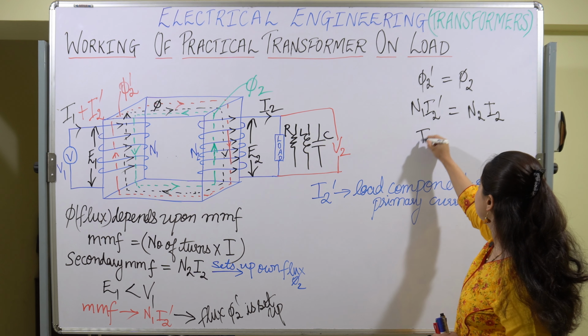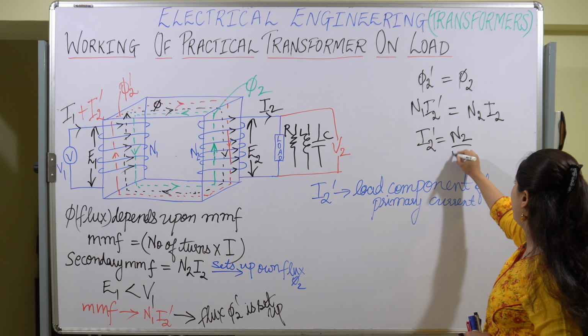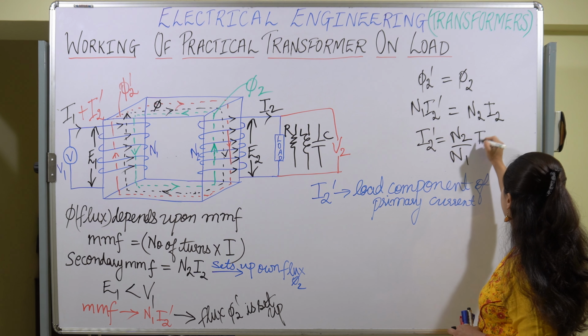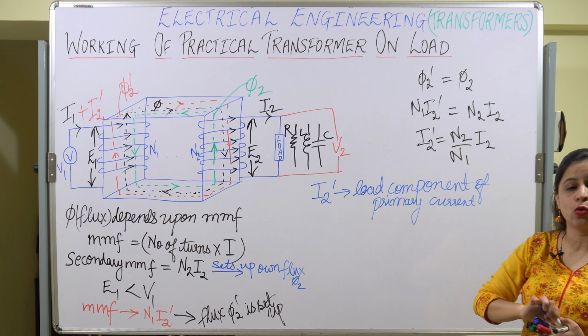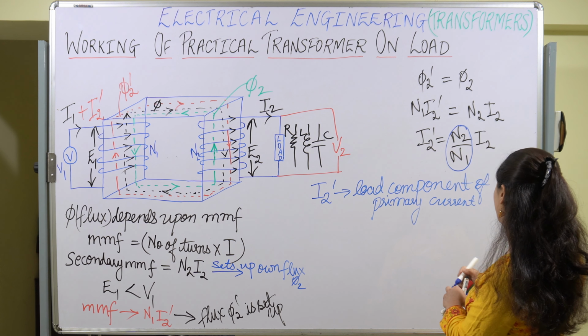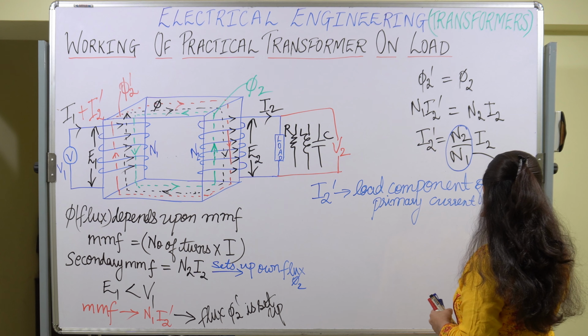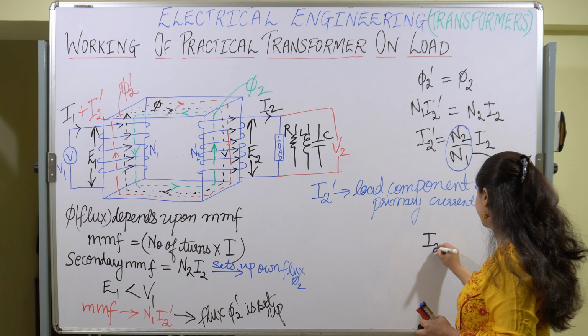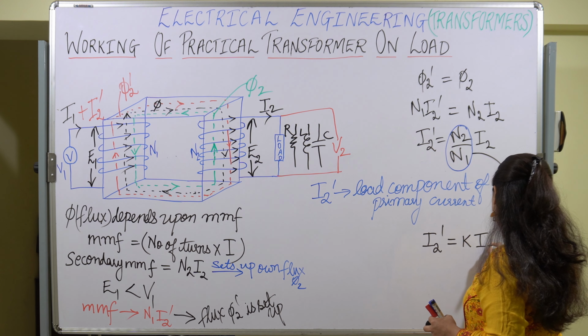So I2 dash will be equal to N2 upon N1 times I2. N2 upon N1 is the transformation ratio, which we can denote by K. So I2 dash is equal to K times I2.